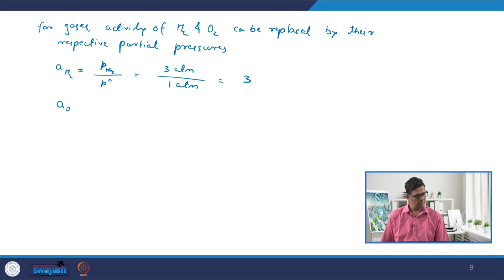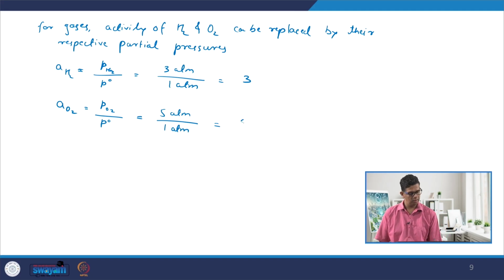What is the activity of oxygen? It is the partial pressure of oxygen by standard pressure. So, this is at 5 atmospheres by 1 atmosphere, which is our standard reference pressure, which is 5. And we already know activity of water is 1, that is taken as 1.